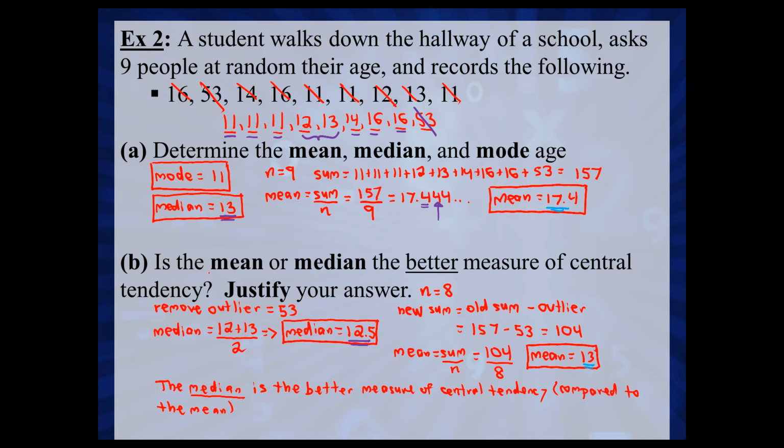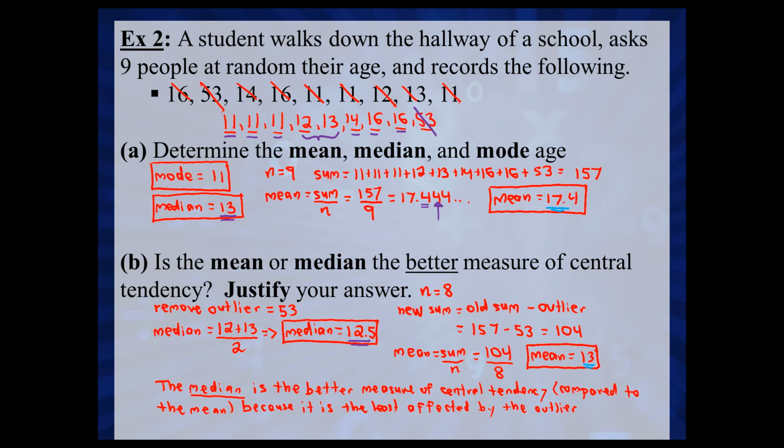Okay, the median is a better measure of central tendency compared to the mean because it is the least affected by the outlier.